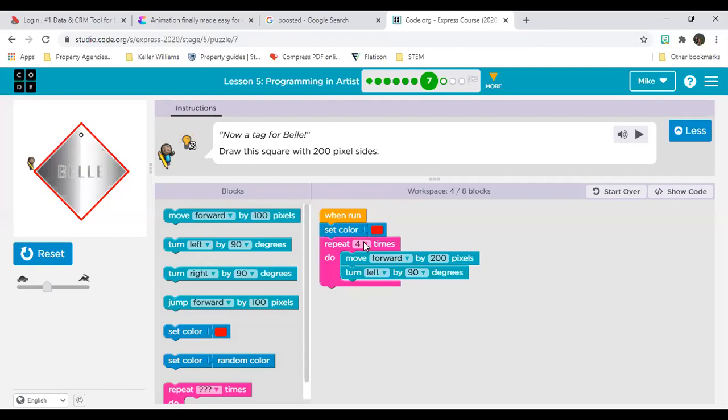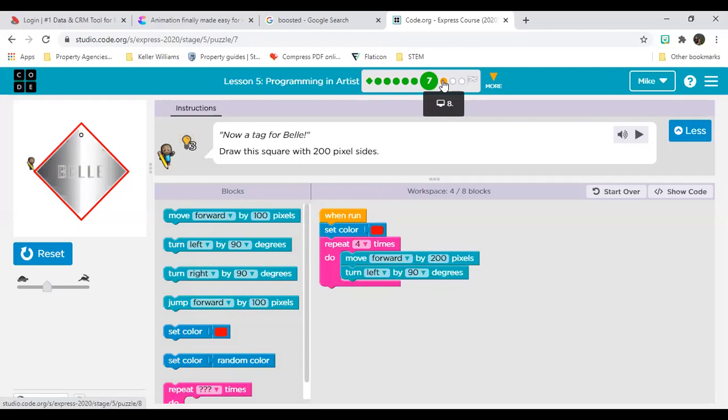So it's always nice if you pick up things like that because it shows that your mind is adjusting a little bit and you are starting to pick up patterns and things that are repeating. So repeat blocks always help you to keep your code nice and neat and as short as possible.